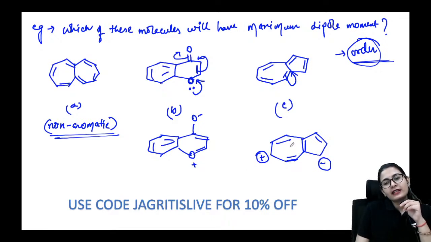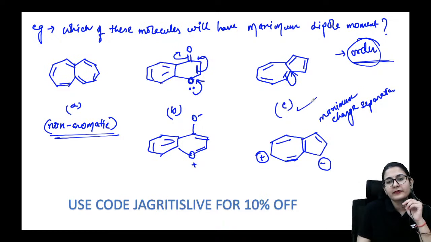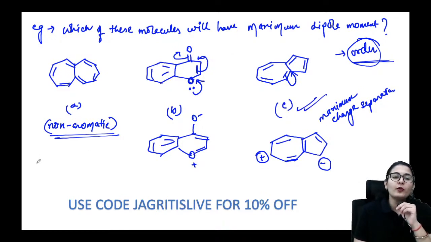Which means the positive charge comes into the bigger 7-member ring, and the negative charge goes into the 5-member ring. So it is definitely stable like this, because this system will become the tropylium cation and this system the cyclopentadienyl anion. Maximum charge separation is going to happen in option number C. So the dipole moment order is going to be C greater than B greater than A.